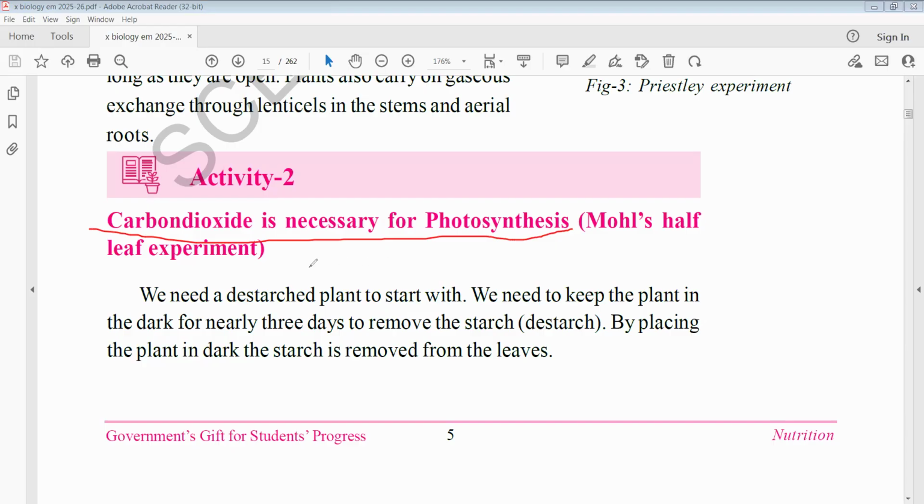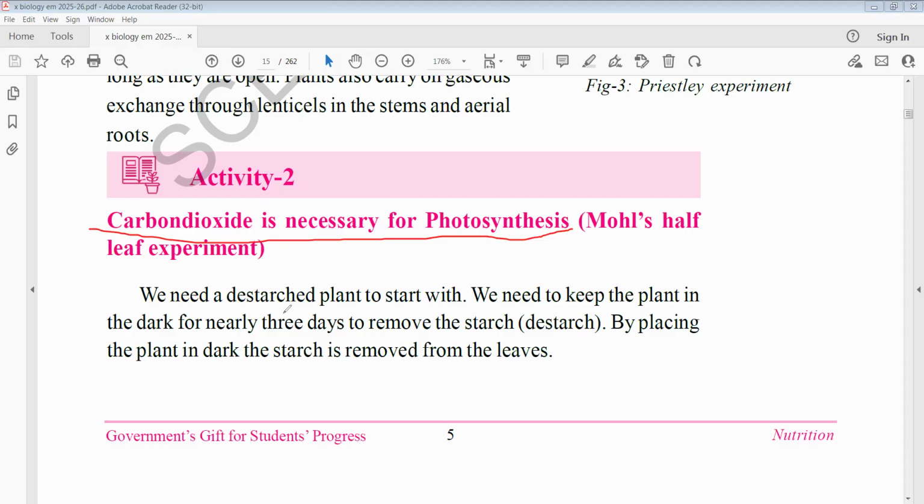So how can we prove that carbon dioxide is necessary for photosynthesis? This experiment was conducted by Moll. That is why it is named Moll's half-leaf experiment, because he conducted this experiment only on half of a leaf.